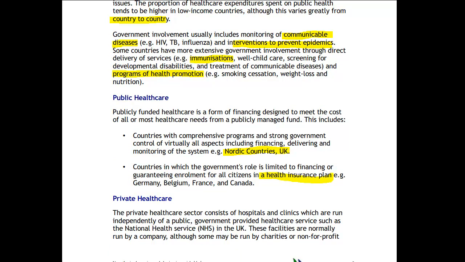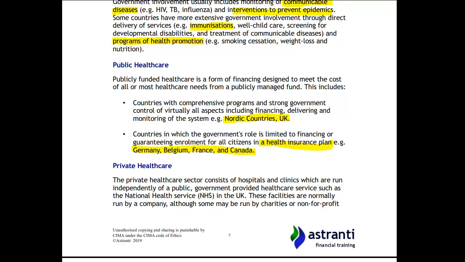That's the case in countries like Germany, Belgium, France, and Canada. Now, on the other hand, private healthcare is healthcare provided outside of any publicly funded system, so in independent hospitals and independent clinics, which are run independently of the public government provided healthcare service.